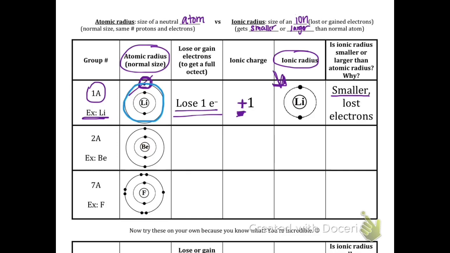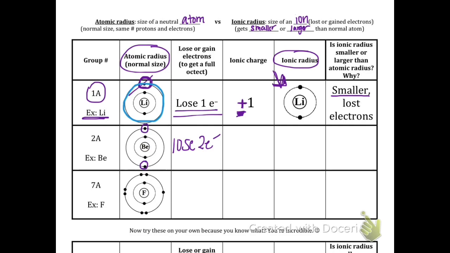Now, in order for beryllium to have 8 valence electrons, that's its goal, it has 2 on the outer side. Question is, is it easier to gain 6 or lose 2? So 2 versus 6, it's easier to lose 2 electrons. Way easier to lose 2 than gain 6.